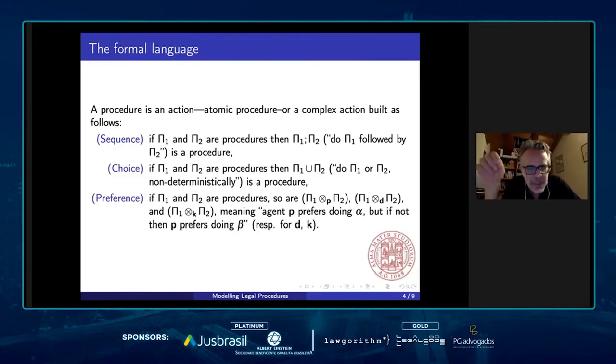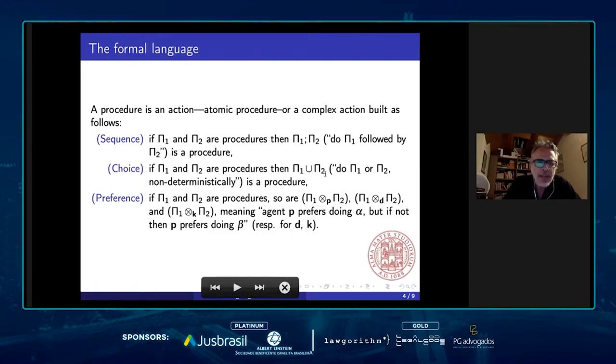You can have a choice. So basically, Pi1 is one option and Pi2 is another option. And then we can have the third option, which is the preference. So basically, you have two or more procedures or actions in the simplest case, and you can have a preference ordering among them, and you may have different preference orderings depending on the agent.